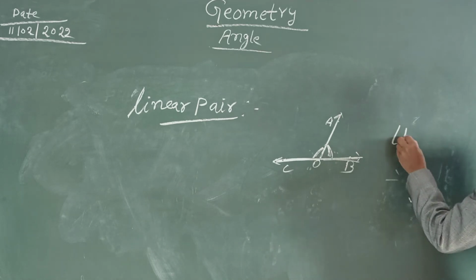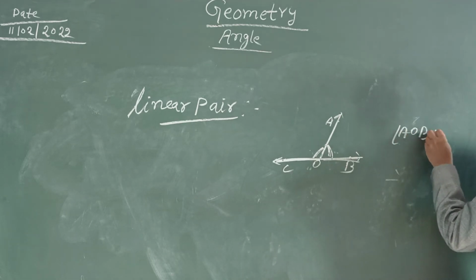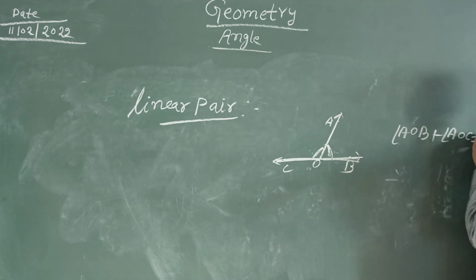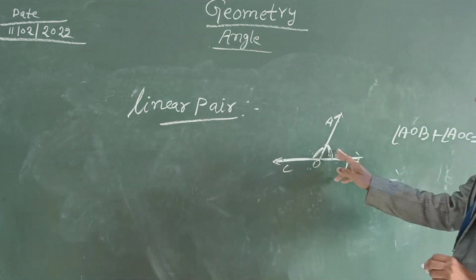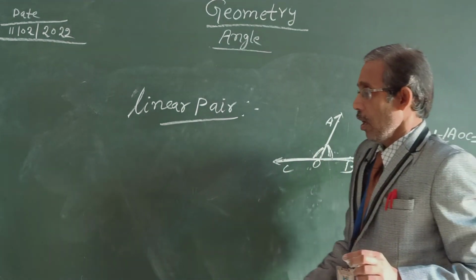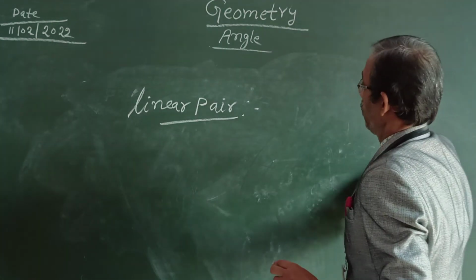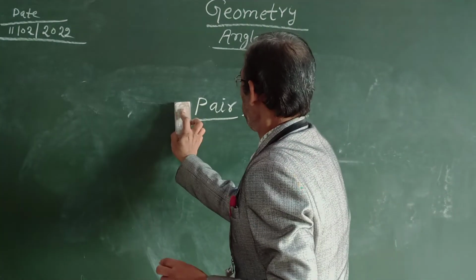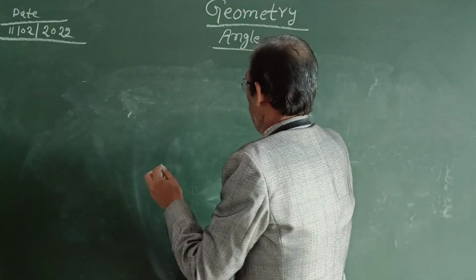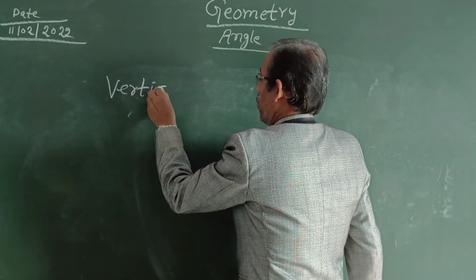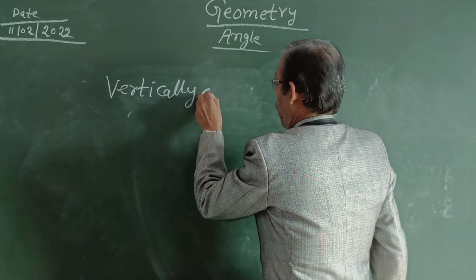Okay, means from figure, angle AOB plus angle AOC is equal to 180 degree because they will form linear pair. Now at last, vertically opposite angles.